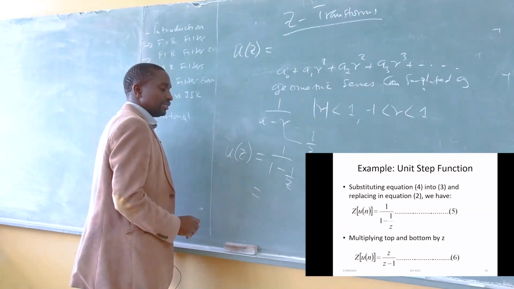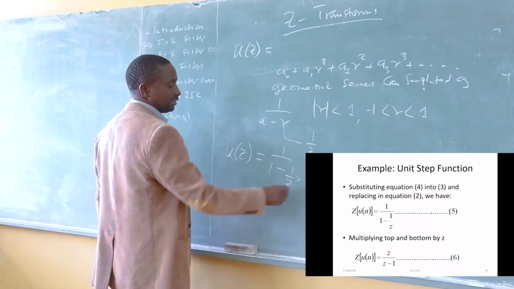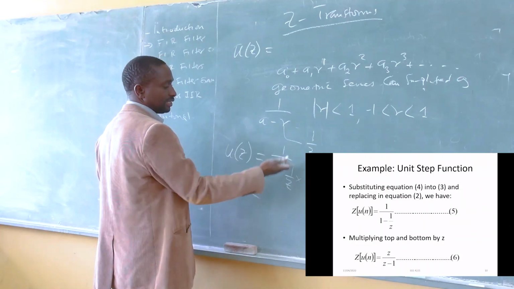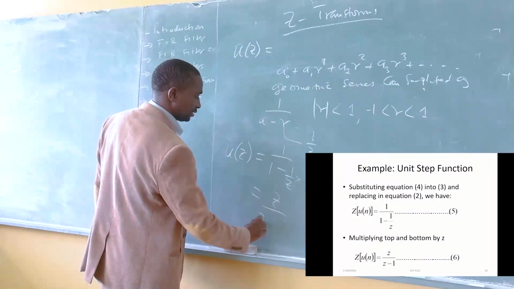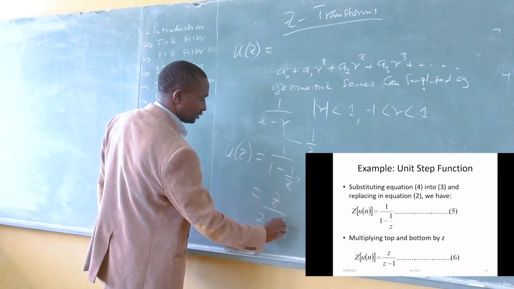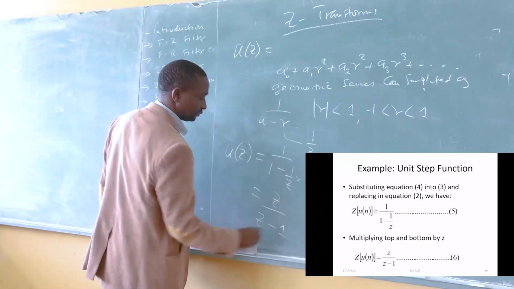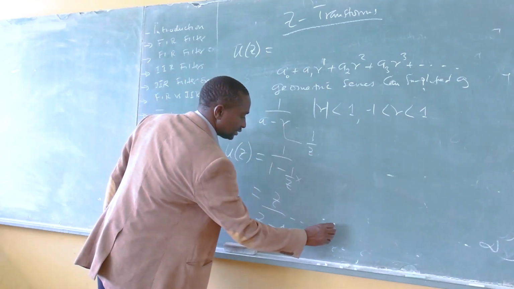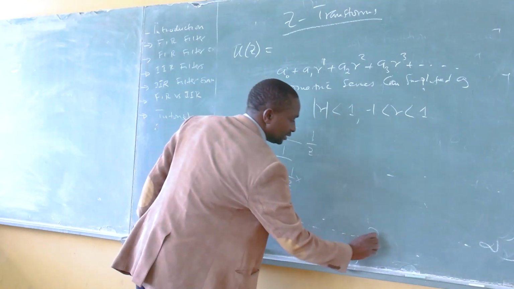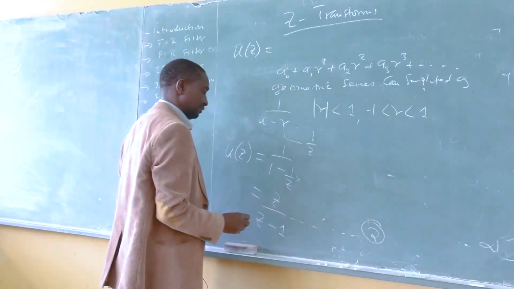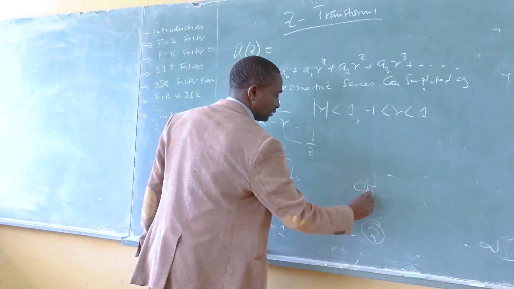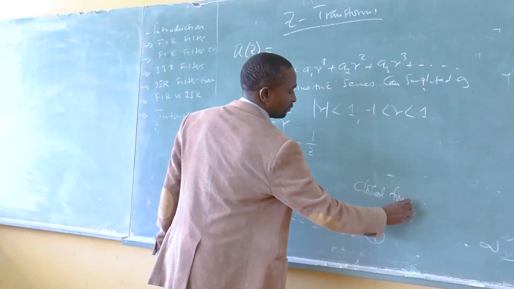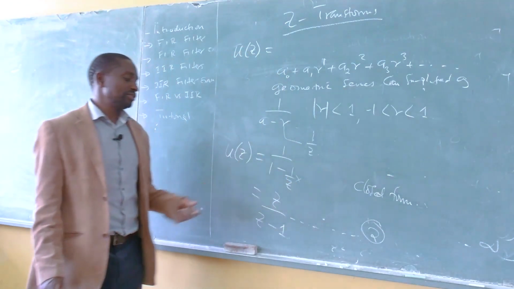which if we multiply Z both in the numerator and the denominator, will be Z over Z minus 1. This equation here is a very important equation. It defines what is known as the closed form of Z transform for a unit step function.